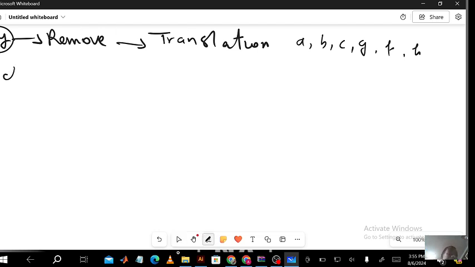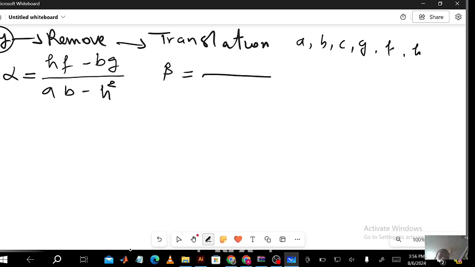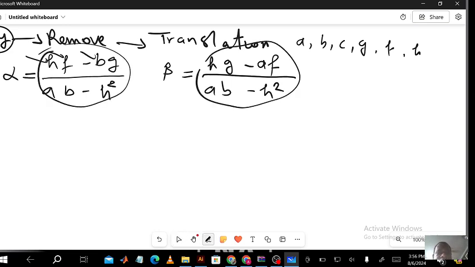If it is translation, I have to determine the coordinates of the new origin, and I know alpha equals (hf minus bg) over (ab minus h squared), and beta equals (hg minus af) over (ab minus h squared). Since I know the values of h, f, b, I can directly determine alpha and beta.